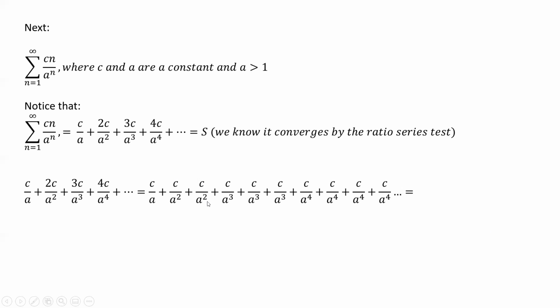There are 2 of them. Then there are 3 of the c over a cubed, then 4 of the c over a fourth, and then 5 of the c over a to the fifth, and so forth. And because it's convergent, I can move the order of the terms around and not change the value, because we know it adds up to a finite value.